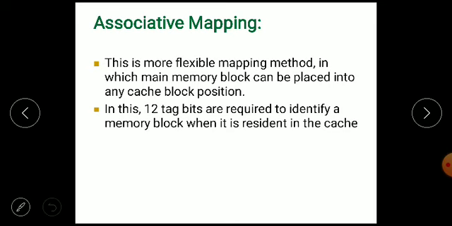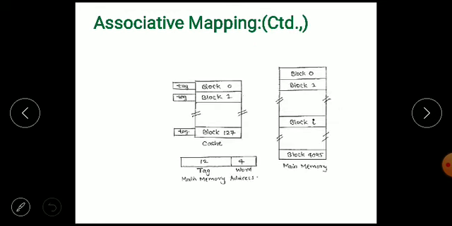So any block from the main memory can be mapped into any block position in the cache memory. Fully associative mapping is illustrated here. For example, if you consider block i, it can be stored anywhere.